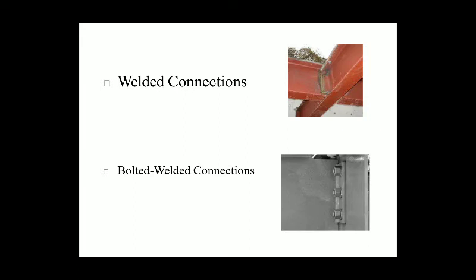And last one is the combination of the above, bolted and welded connection. That means nuts and bolts and welding, these two types are used together for more strengthening or for achieving economy also. So these are the main four types of connections based on the connecting medium.